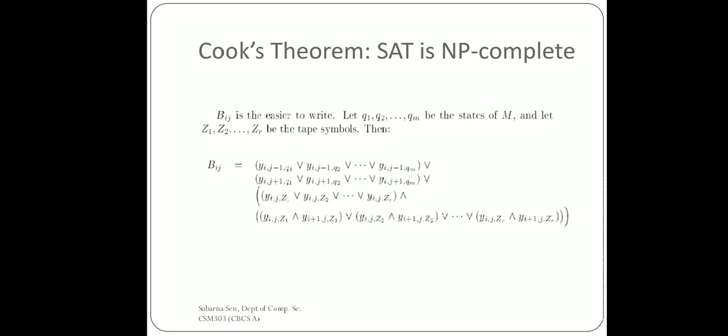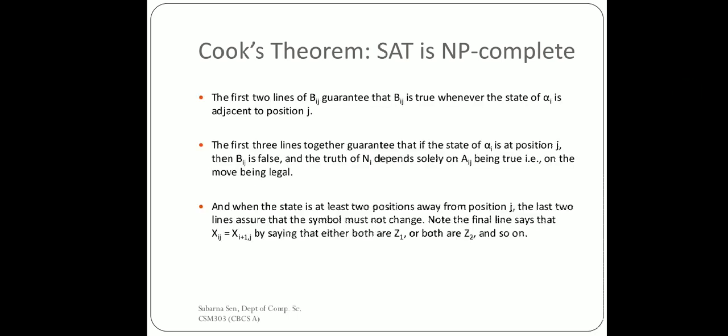We have incorporated the tape symbols one with the other. And for the fourth line we have kept that either xij will be paired up with z1 and x(i+1)j will be paired up with z1. Why is it so? We are describing it in the next slide. Fine. So if you consider the first two lines of bij, they guarantee that bij is true whenever the state alpha i is adjacent to position j.